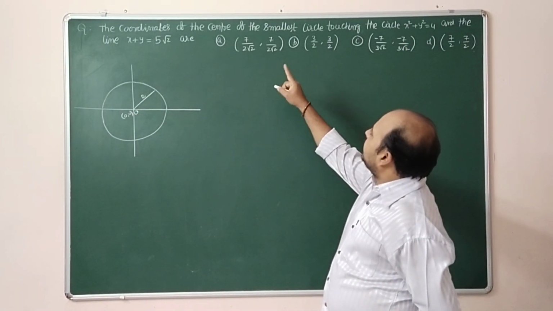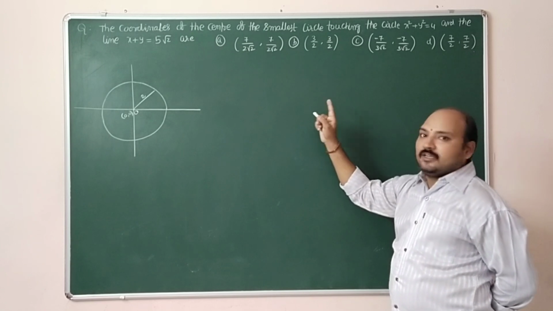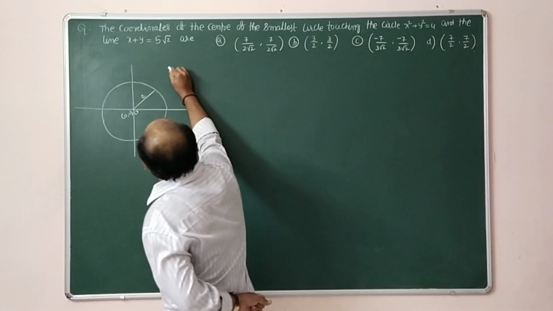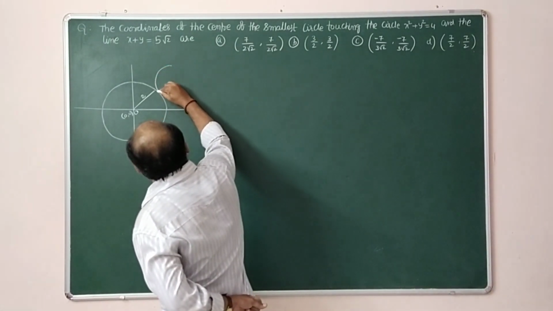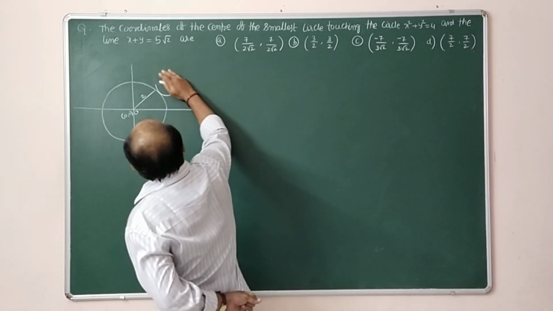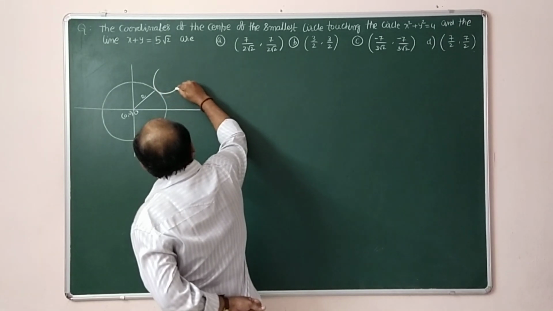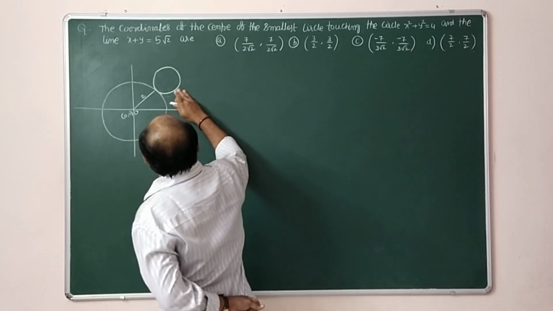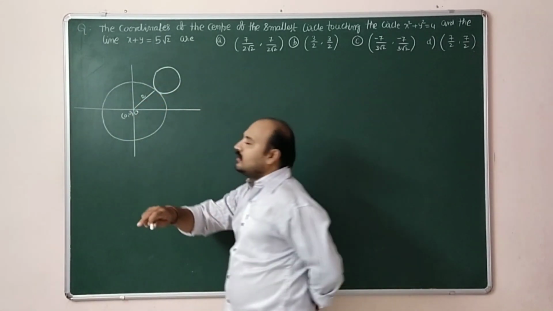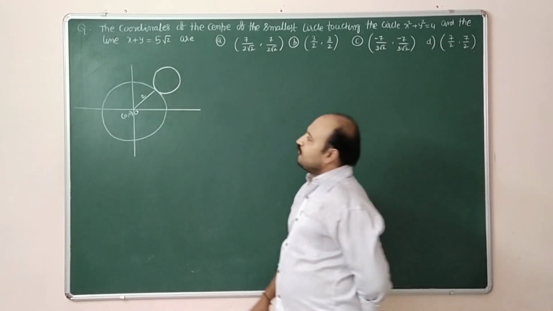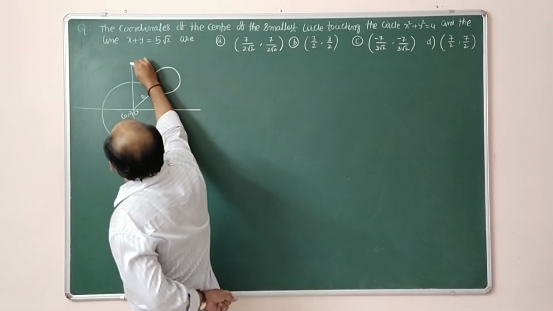The coordinates of the center of the smallest circle touching the circle. So here one smallest circle I am taking. This is the smallest circle touching this circle and also the line.